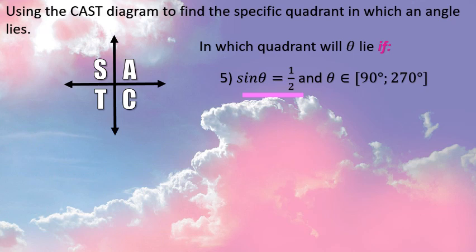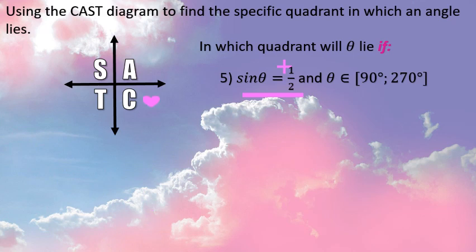A half is a positive number, right? So this is exactly the same as saying sine theta is greater than 0. They're just giving you a value here. And what you need to do is realize, oh, all I need to do is mark the sign of that value. So a half is a sneaky little positive. So sine theta is positive.